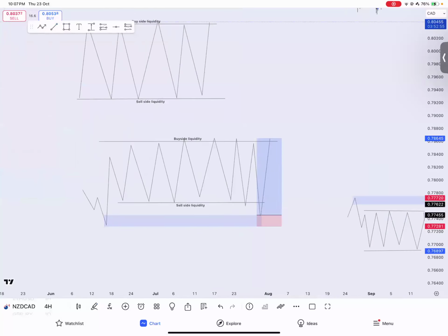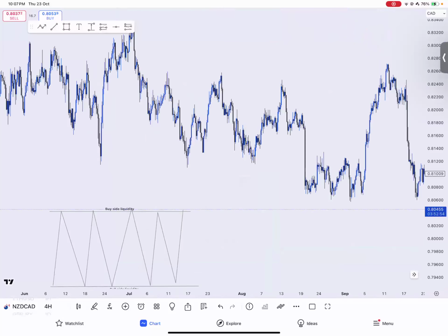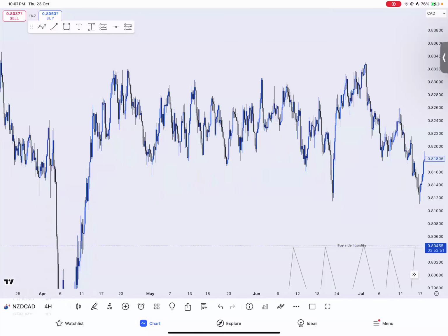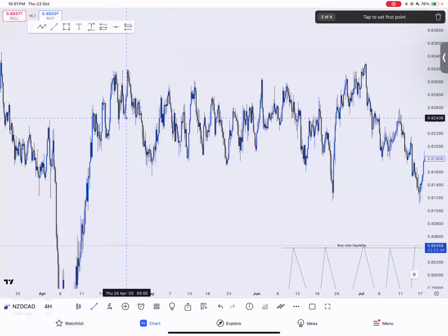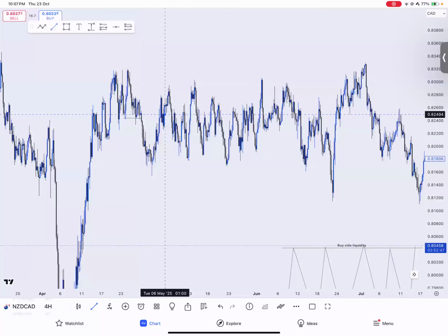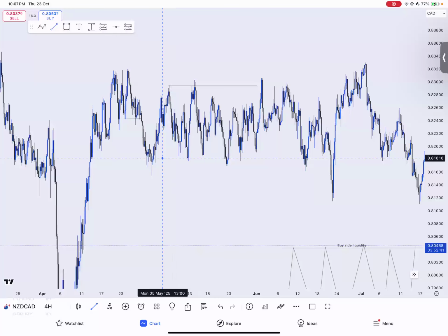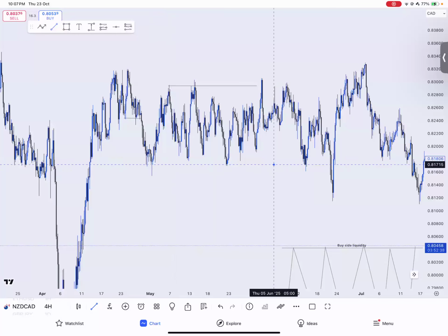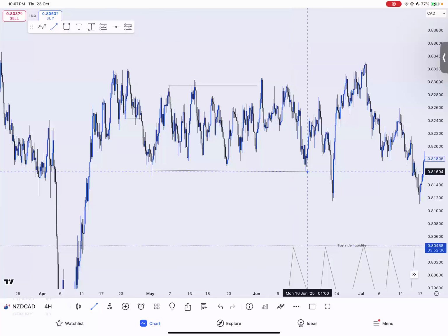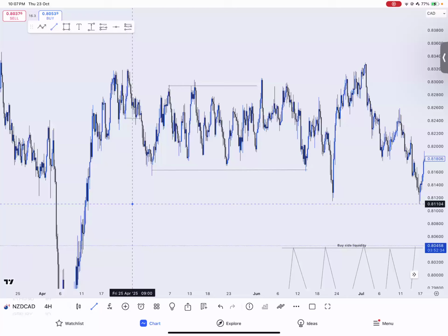So pairs that range a lot, like this pair, NZD CAD, you can see it here. It just shifts in this moment, then price started ranging. So here, buy side liquidity. Down here, sell side liquidity. Since the market is bearish, the point of interest is this 4 hour order block here.